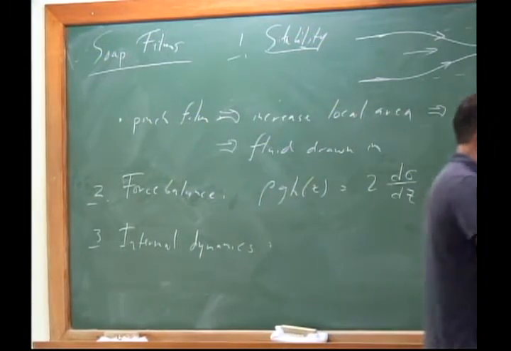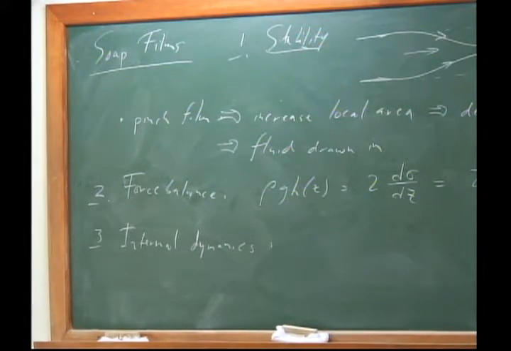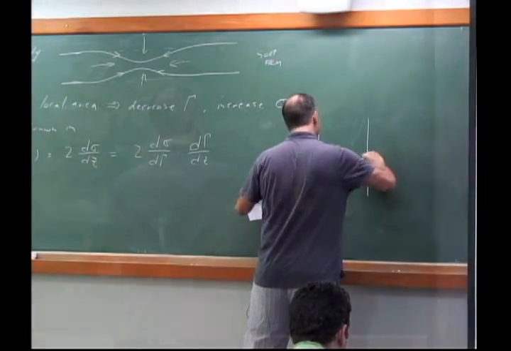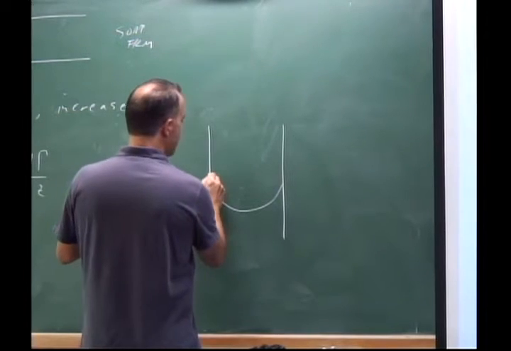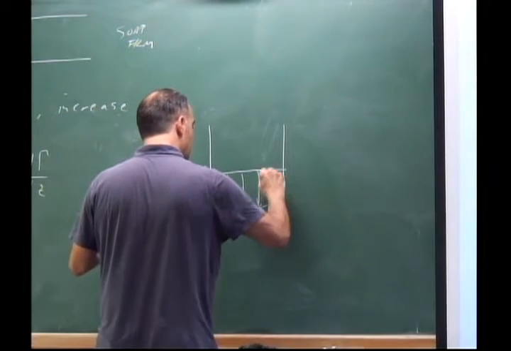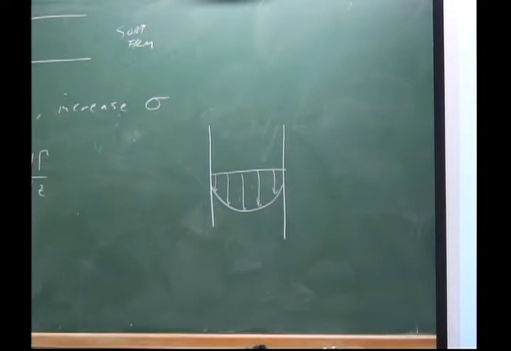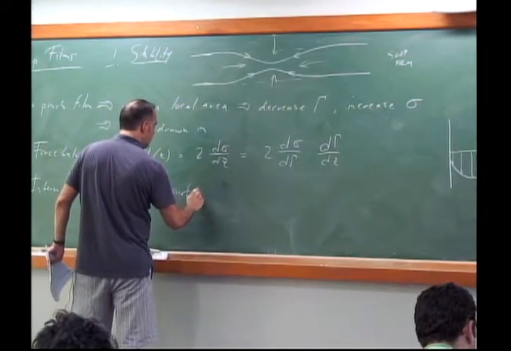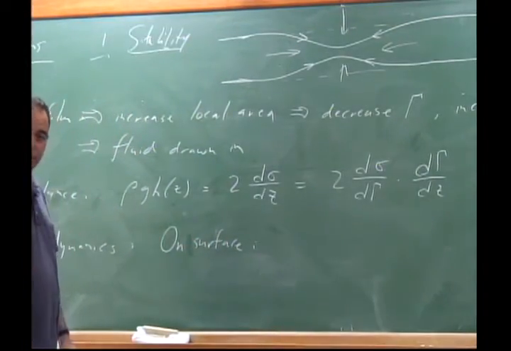Okay, so basically within the film, you have a flow which looks something like this. On the surface, we know that the Marangoni stress has to be balanced by viscous stresses. Right?